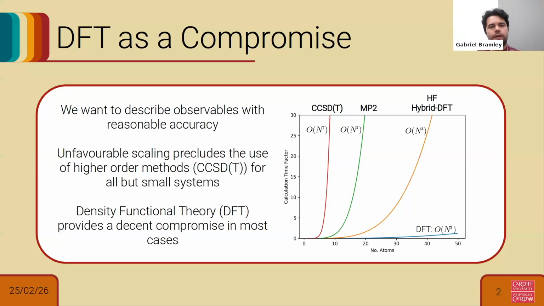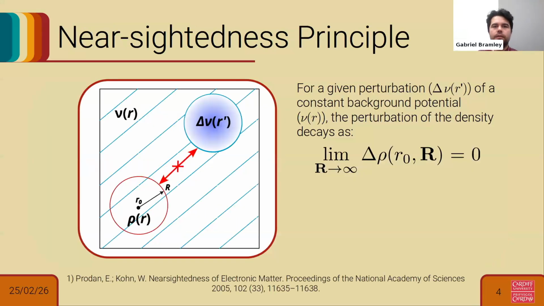Now, some of the physical motivation for how we can implement embedding comes from the nearsightedness principle of electronic structure and electronic matter. So this effectively states that we can have a perturbation of the background potential that a density resides in.